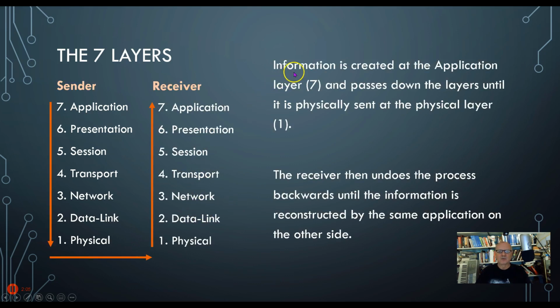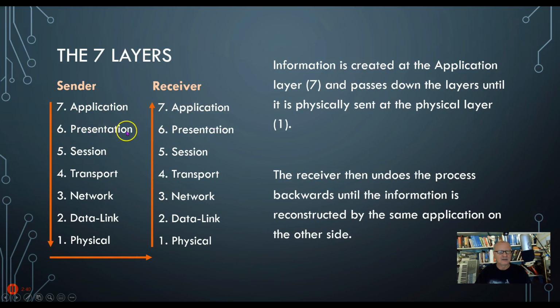Here's how this thing works. The information that you want to send from one computer system to another is created up here at the application layer. That travels down through these layers until it finally reaches the physical layer. Then it's sent across a wire or radio somehow, and then the receiving computer grabs that signal and passes it back up the layers until the application at the top here receives the reconstructed data that was sent over here.